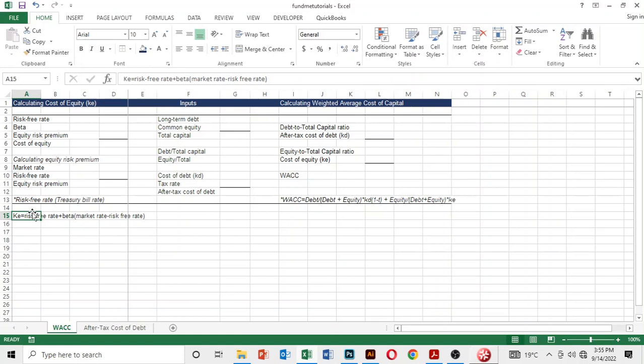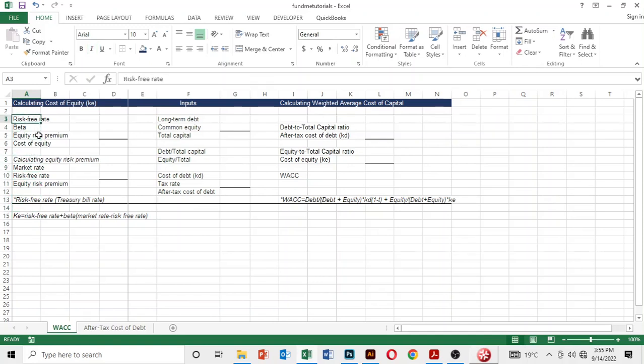So basically that's the formula for calculating the cost of equity or expected rate of return. And the difference between market rate and risk-free rate is called the equity risk premium, right? We'll talk about the equity risk premium in a jiff.